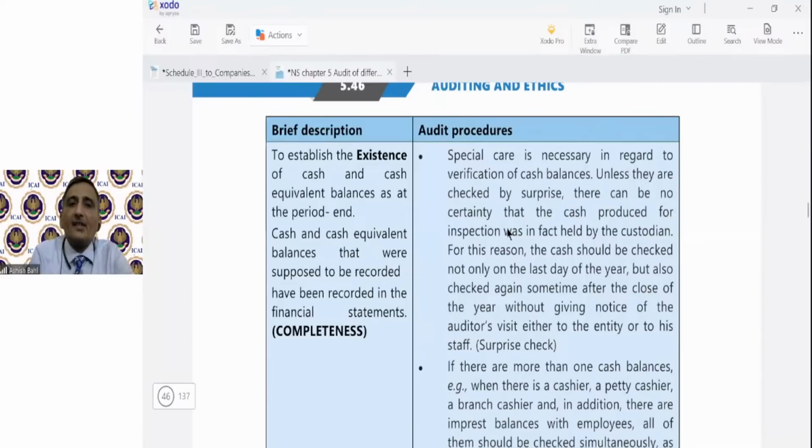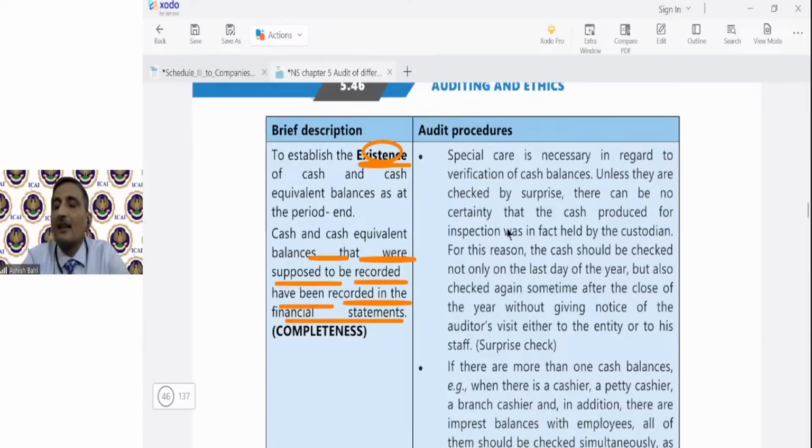So the first assertion is relating to existence. Another is that all the cash equivalents and cash which were supposed to be recorded have been recorded in the financial statements.